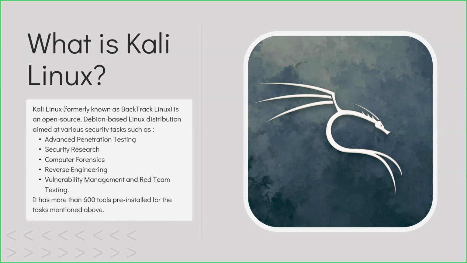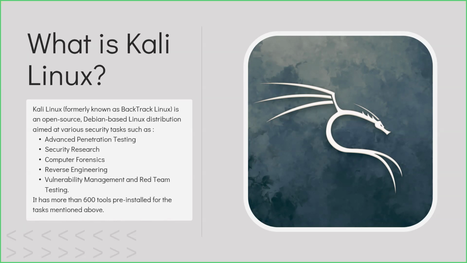All these operations can be performed in Kali Linux because it has all these tools pre-installed. Approximately 600 plus tools are pre-installed in Kali for all the different types of cybersecurity related tasks.